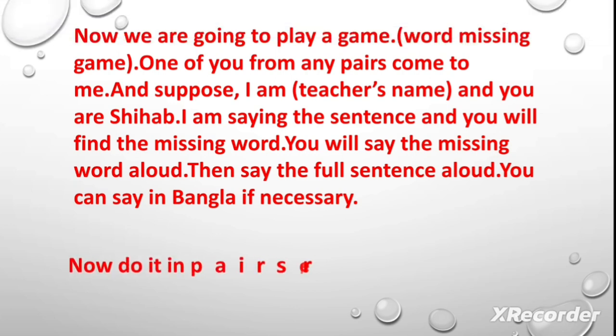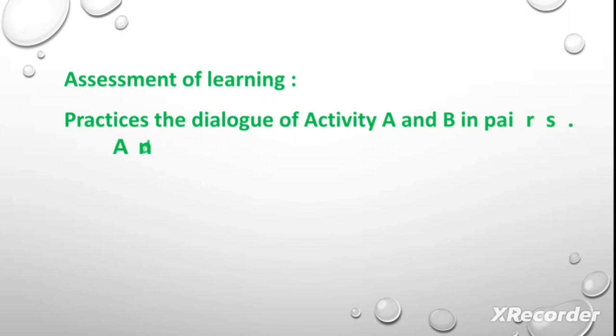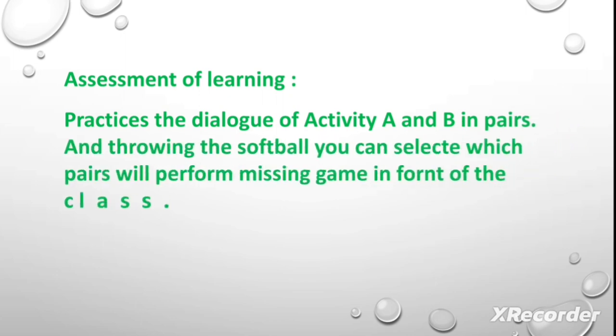Now do it in pairs repeatedly and swap the roles in turns. If needed, ask your teacher for help. Okay, we'll ask our teacher for help with any problem. Practice the dialogue of Activity A and B in pairs and throw the snowball.